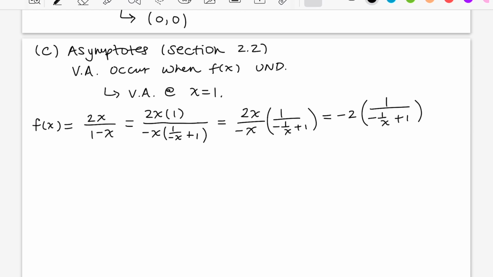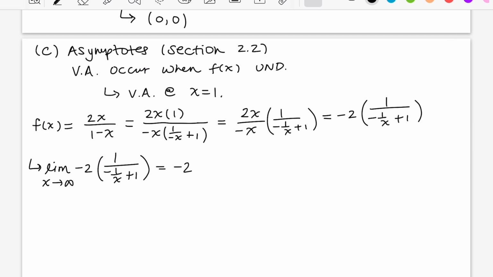All right, so after factoring out the highest degree term from the numerator and denominator, we now want to evaluate the limits at infinity and negative infinity. So we'll look at the limit of this guy here as x goes to infinity.